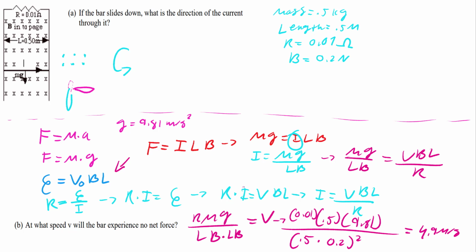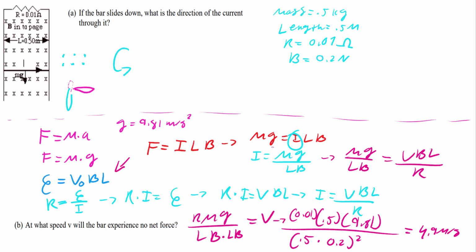But notice that I have something in common. I have the amps right here and the amps right there. So if I solve for amps, I could relate them to each other. So solving for amps, I had that I is equal to velocity times the B field times the length divided by the resistance. Now I have I over here. I'm going to solve for I using this equation. Solving for I, we have that I is equal to mg divided by LB.